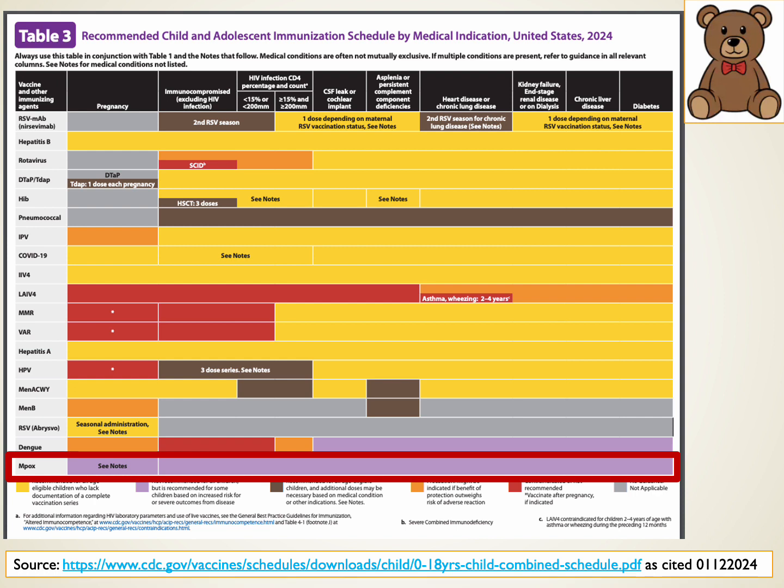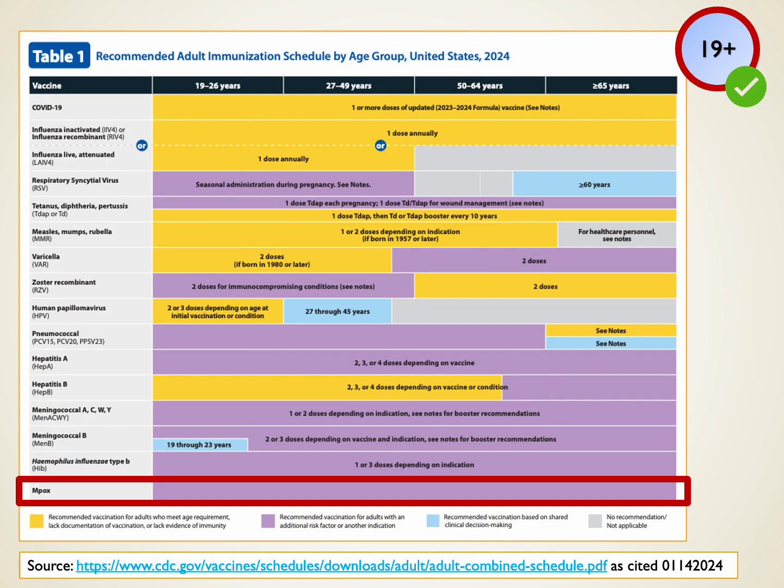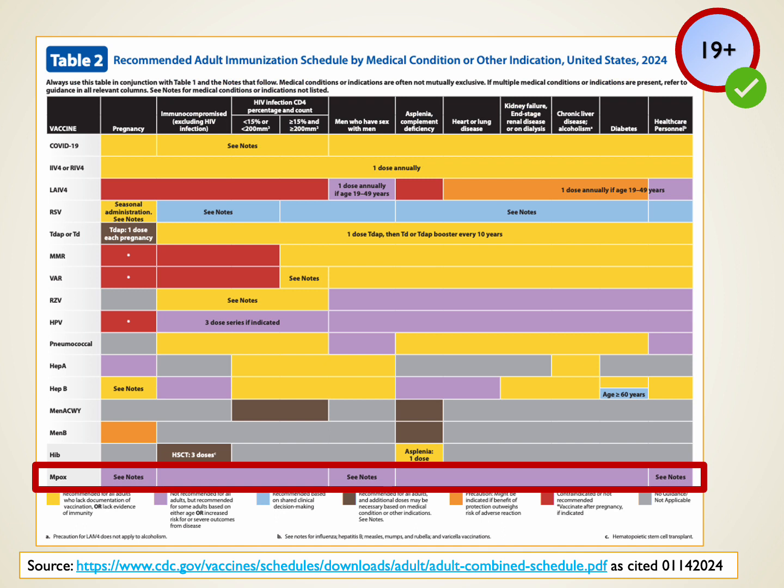And it is limited in who is a candidate for it. The vaccine lists are there, again, ages 18 and over for folks who are at risk for infection. And in adults, again, it is for people at risk, not universal.